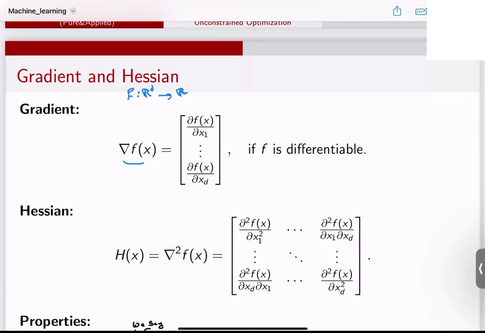But since we're not working with a function defined on R anymore, we need to deal with the gradient instead. The gradient of a function f on R to the D, where the input is a vector in R to the D, is defined as follows: we differentiate f with respect to every single component, and we stick these in a vector, and this is called the gradient, if you remember this.